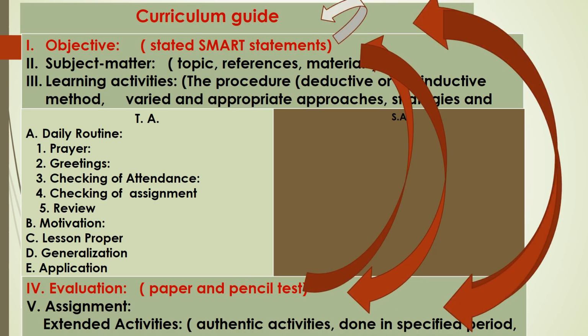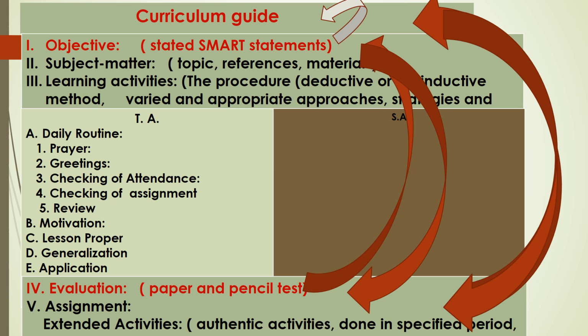If we go back to lesson planning, do not forget that the terms to be used from the Bloom's taxonomy or from Lauren Anderson's new terms of taxonomy, you can use that in the objective to attain the SMART statements: specific, measurable, attainable, result oriented, and time bounded.